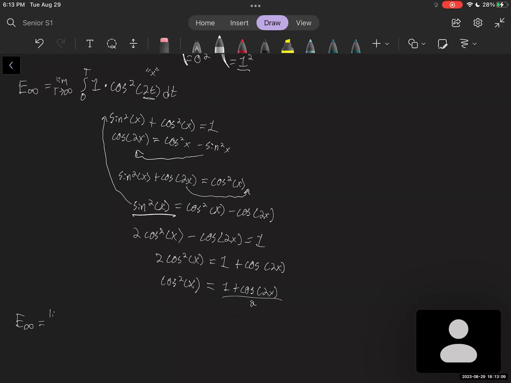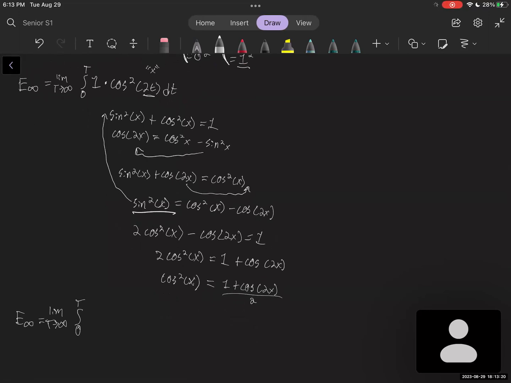as equal to the limit as t approaches infinity of the integral from 0 to t, and then we're going to change our cosine squared of 2t into the format that we just solved for. So we're going to get 1/2.